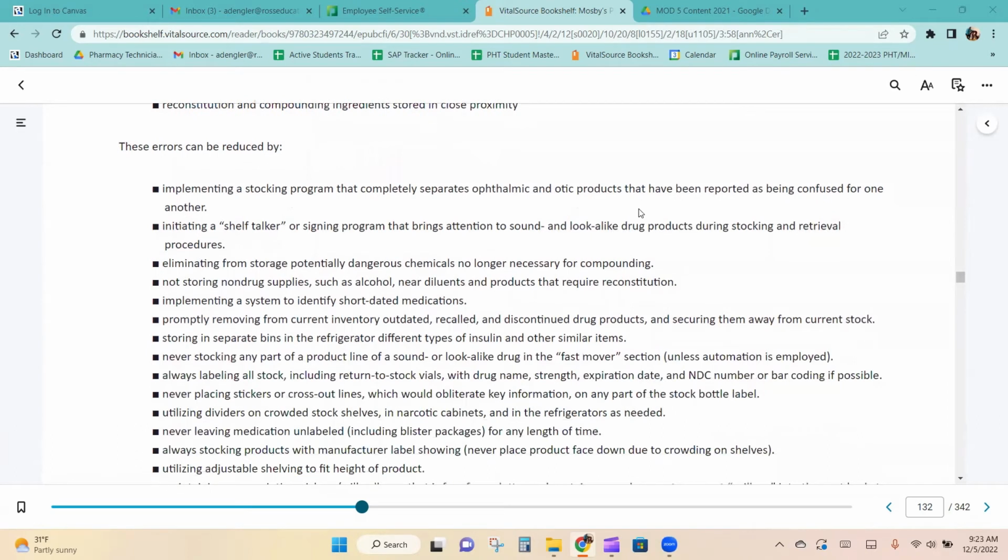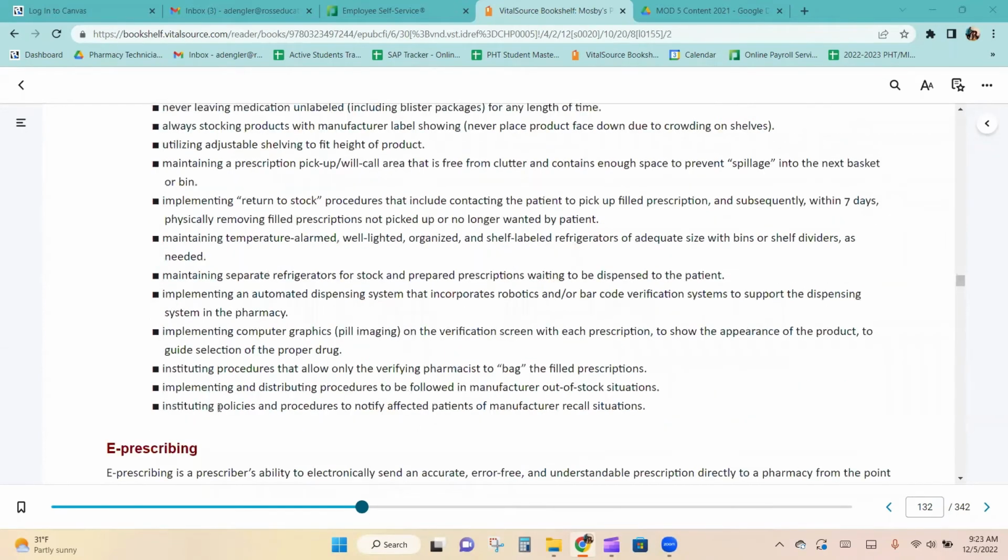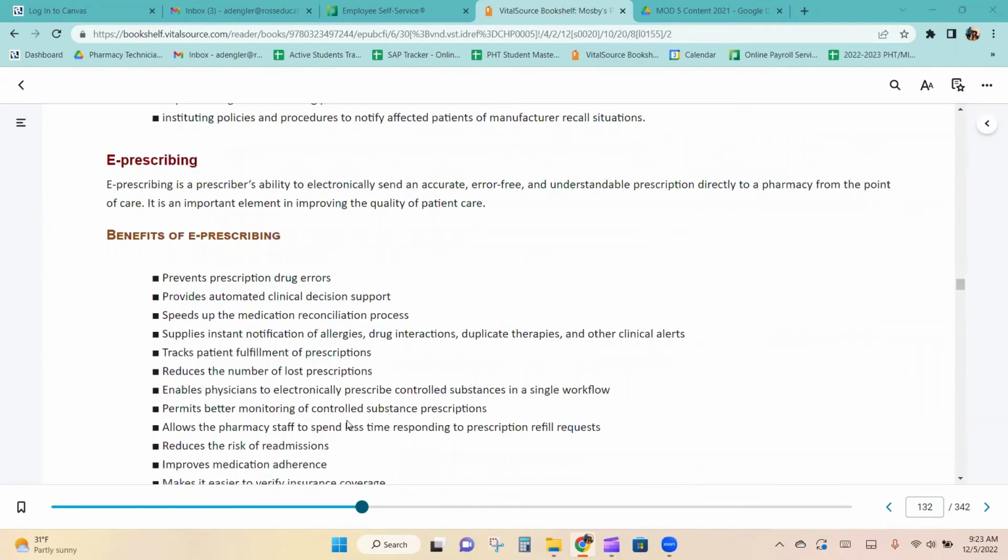And then these errors can be reduced by implementing a stack program that completely separates ophthalmic and otic products that have been reported as being confused for one another, and a lot more that you can do.